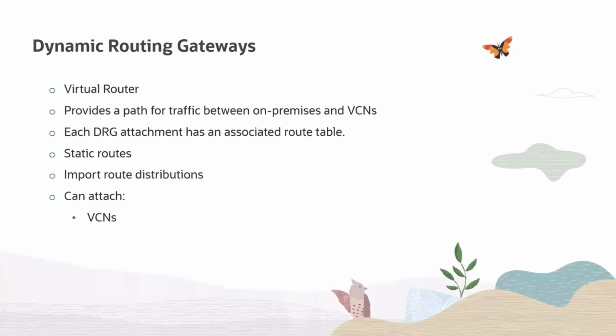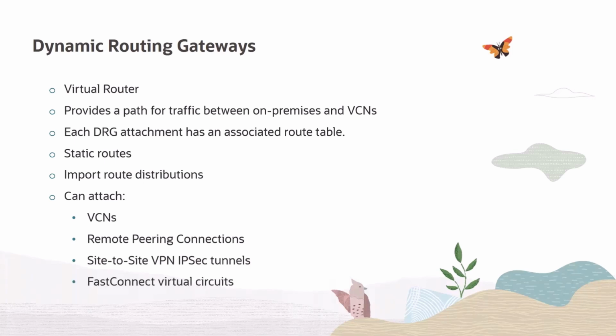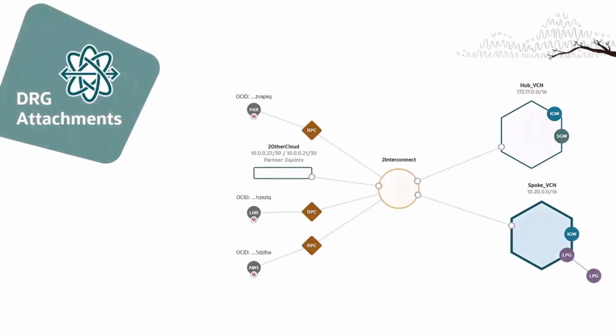And you can attach these types of resources to a dynamic routing gateway: VCNs or virtual cloud networks, remote peering connections, site-to-site VPN IPsec tunnels, and FastConnect virtual circuits. Apart from this, you can also have cross-tenancy attachments and loopback attachments. So this slide talks about the different types of attachments that we can have with dynamic routing gateway.